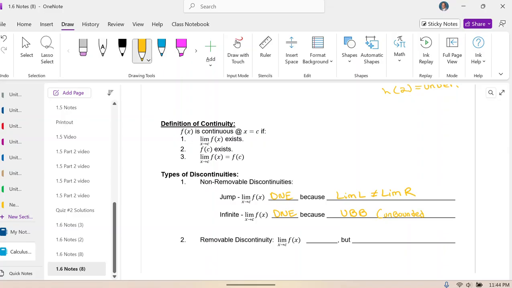That's because it's going to be infinity or negative infinity on either side. A removable discontinuity, the limit as x approaches the number exists, but the limit as x approaches the number of the function does not equal the function value.